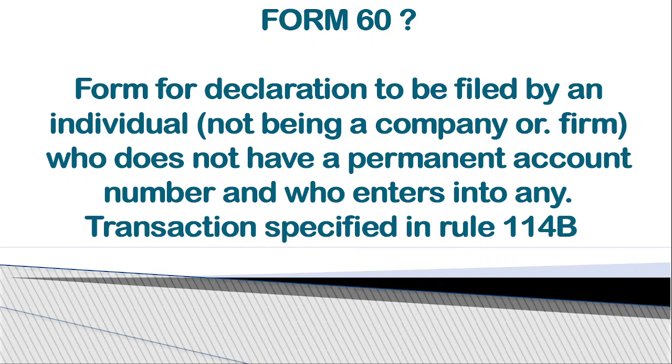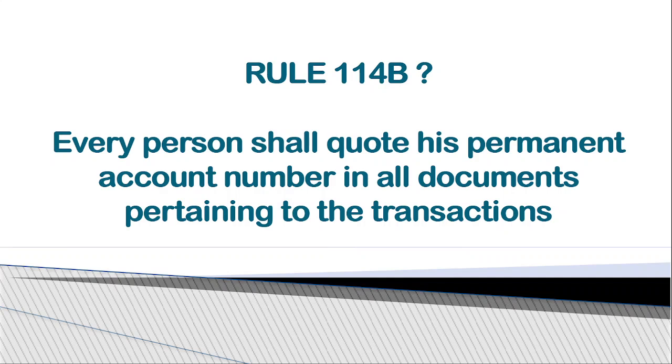They have to fill the form, and only for the few transactions specified under Rule 114B of the income tax rules, where every person should quote the permanent account number in all the documents pertaining to these transactions. Only for these transactions you have to give the PAN number or Form number 60.